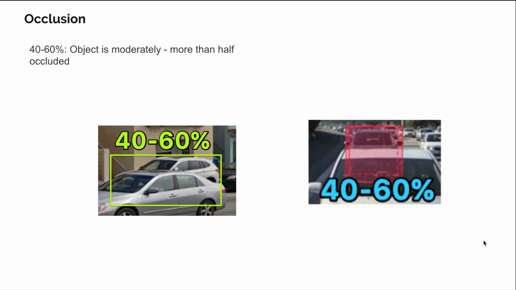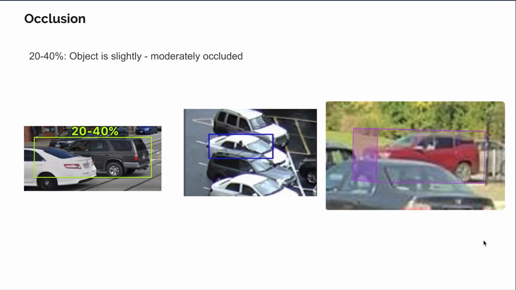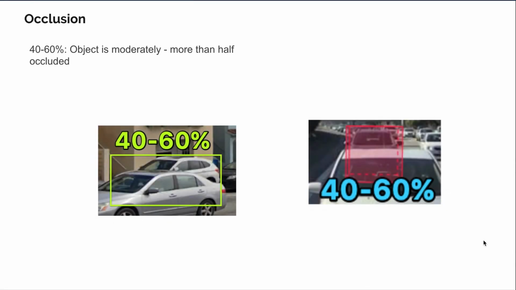If we look at these examples here, we can see less of the vehicle than we were able to see in these examples, but we can still see a decent amount of the vehicle. It's not completely covered up by other objects.